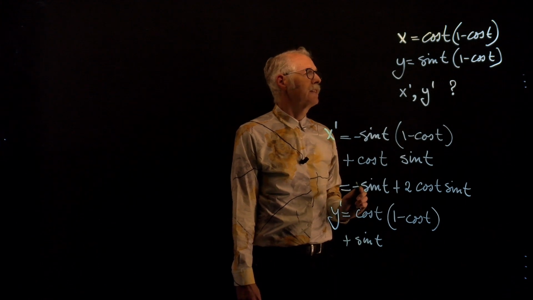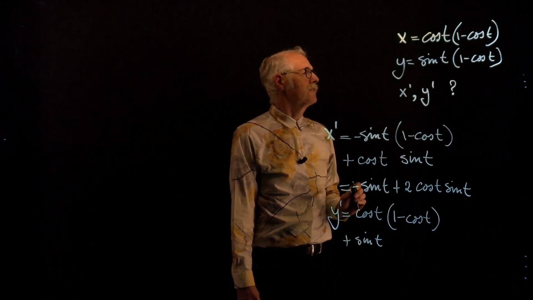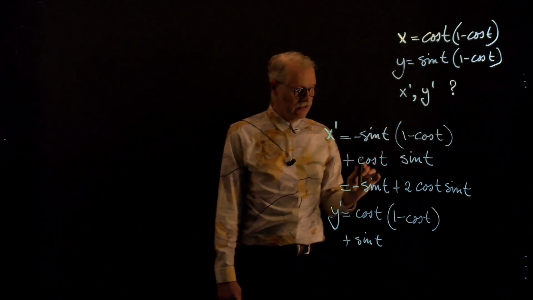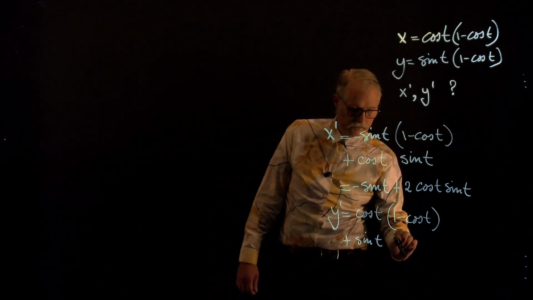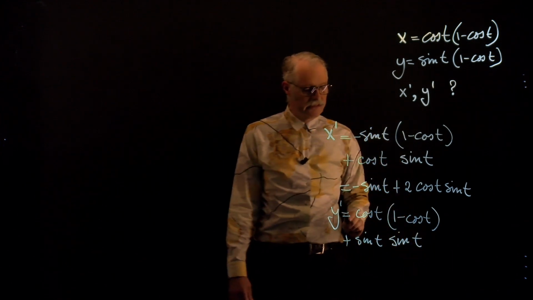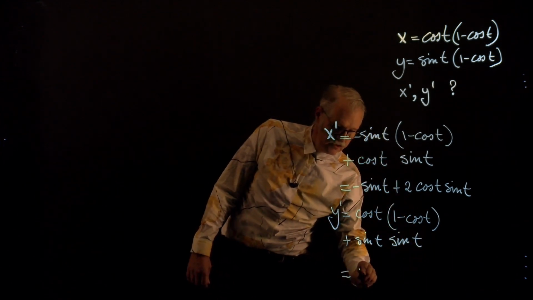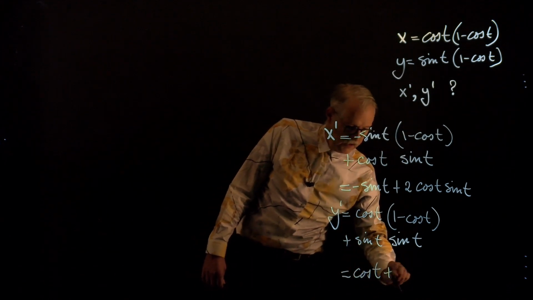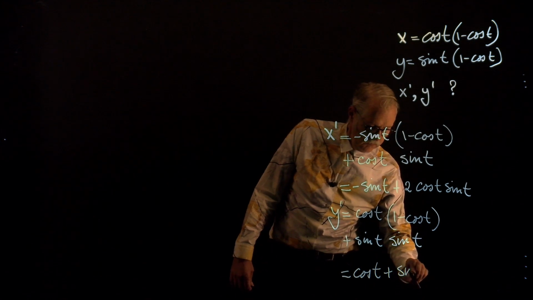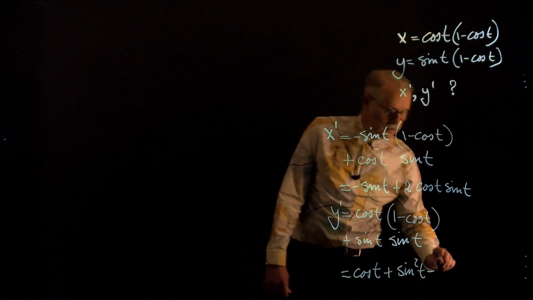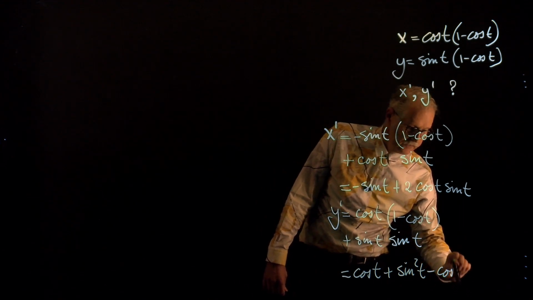It goes the same again, that's the sine, the two minus signs cancel out. So if I summarize this, I find that it's cosine t plus a double sine t minus a double cosine of t.